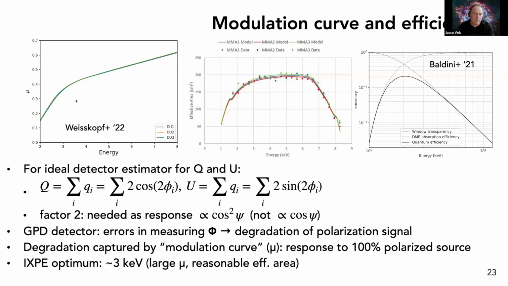So if you have 100% polarization at 8 keV, you measure a Q or a U that is around 0.6. And you see it rapidly going down below 3 keV. For that reason, we often just measure polarization above 3 keV. Certainly if there's also thermal emission; in some cases we can go all the way down to 2 keV.